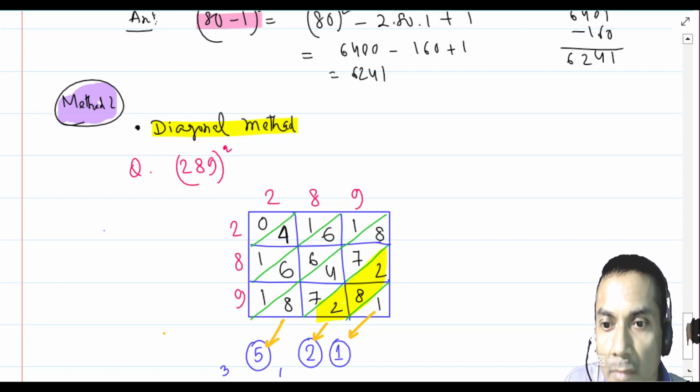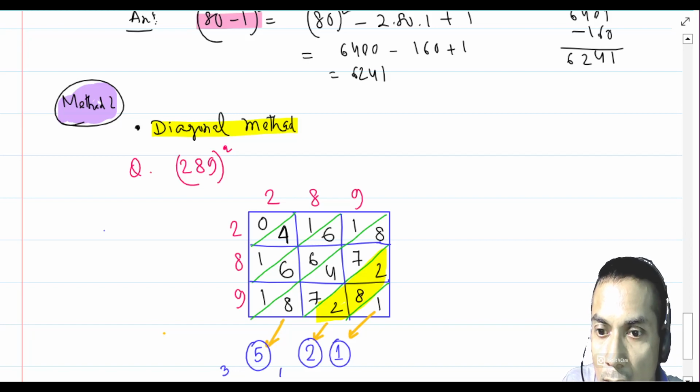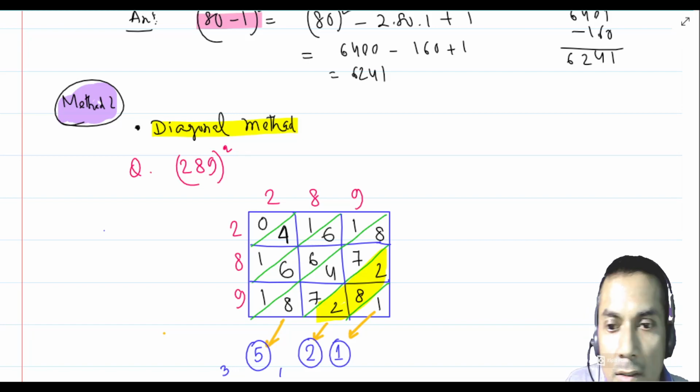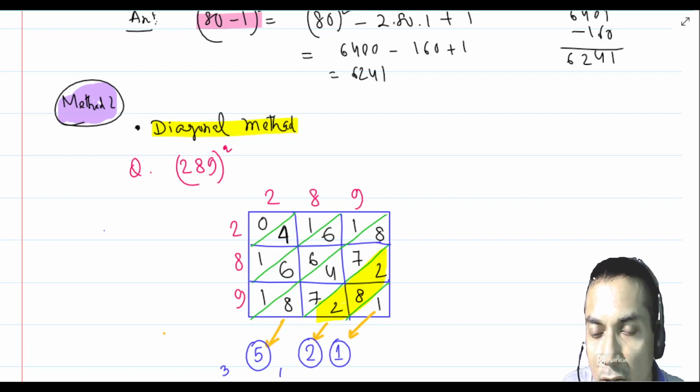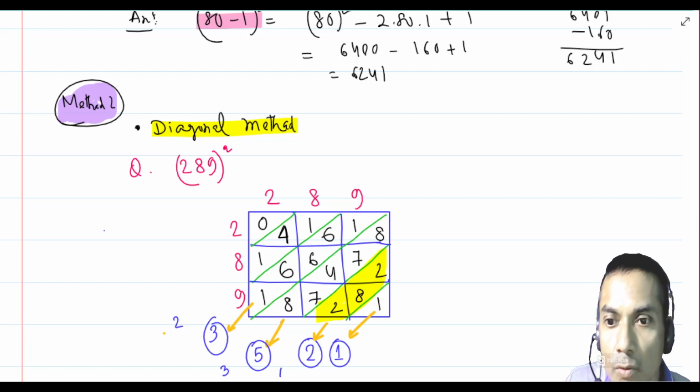Clear? Then you add here 3, 6, 18, 20, and the carry forward was 3. So it would be 23. You take 3 and carry forward 2.